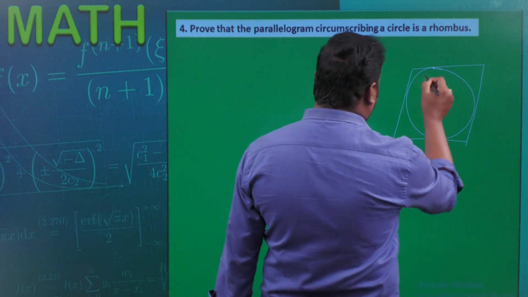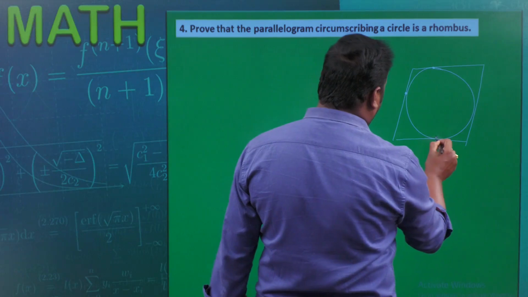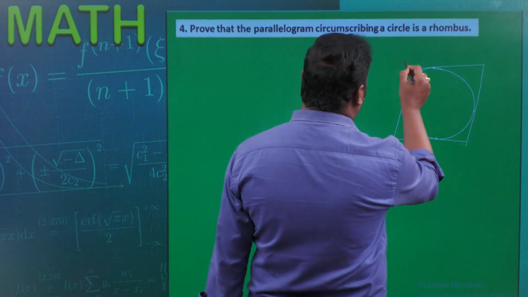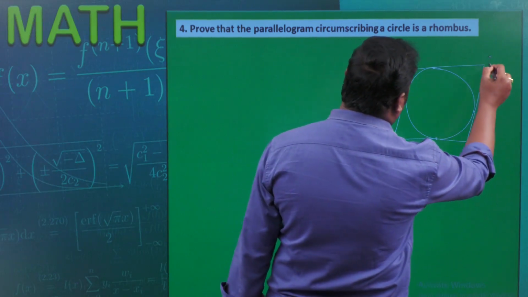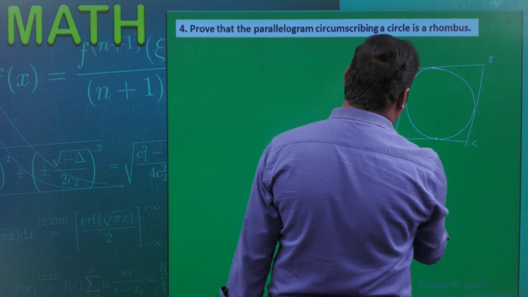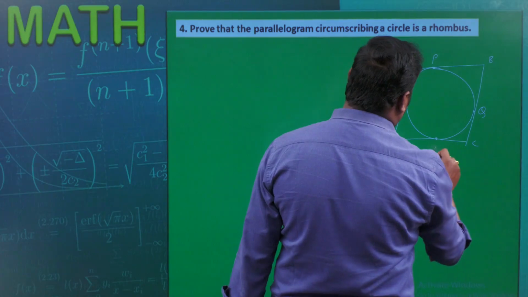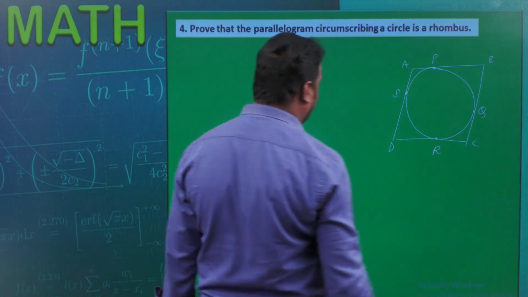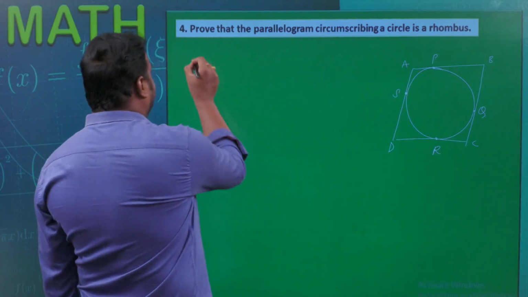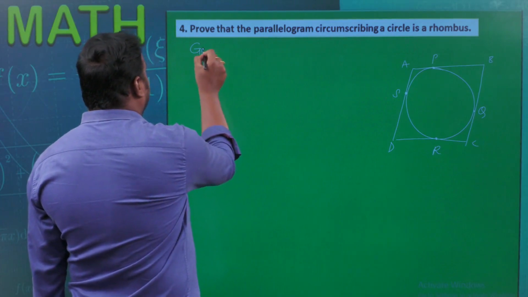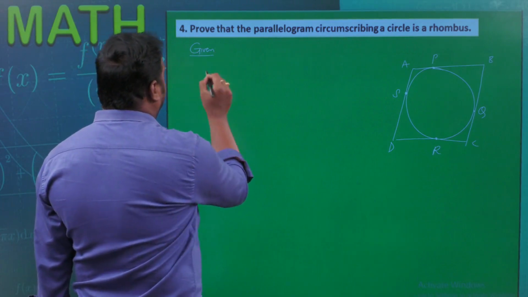So these are the points of contact. Suppose ABCD is a parallelogram, and the points of contact are P, Q, R and S. Now I would like to write the given information. What is the information given in the problem?